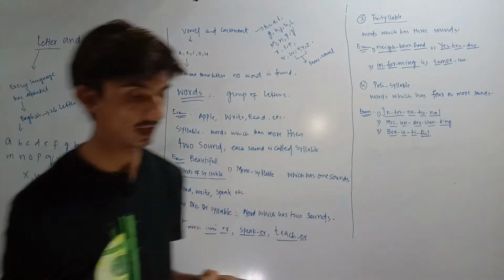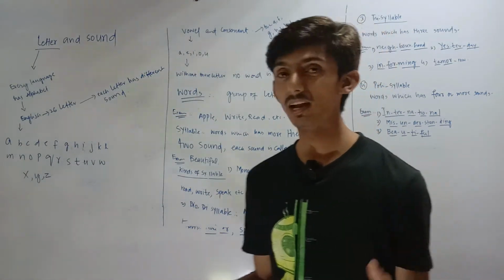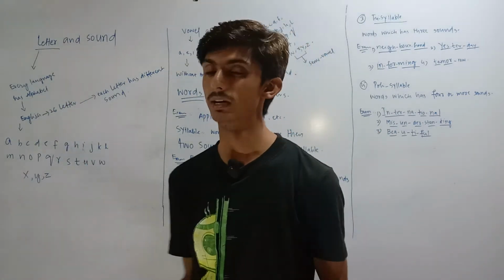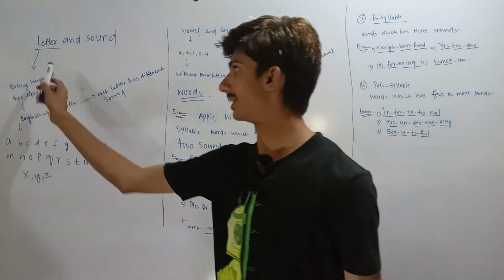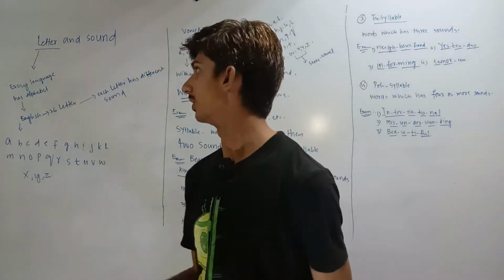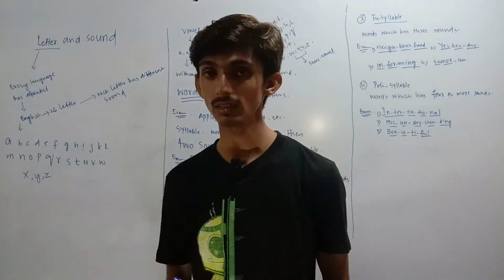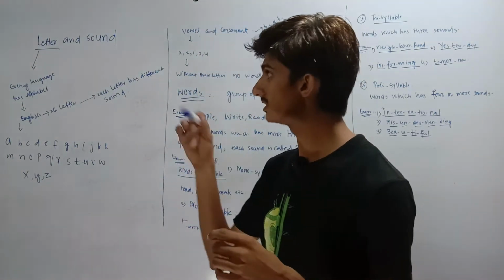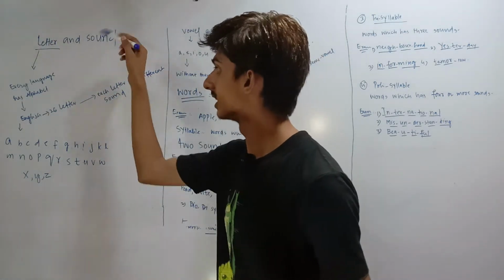First of all, I am going to tell you what is letter and sound. Every language possesses an alphabet. Each symbol of the alphabet is called a letter. Now the question arises: if a letter is an alphabet symbol, what is sound? The pronunciation of that letter is called sound.